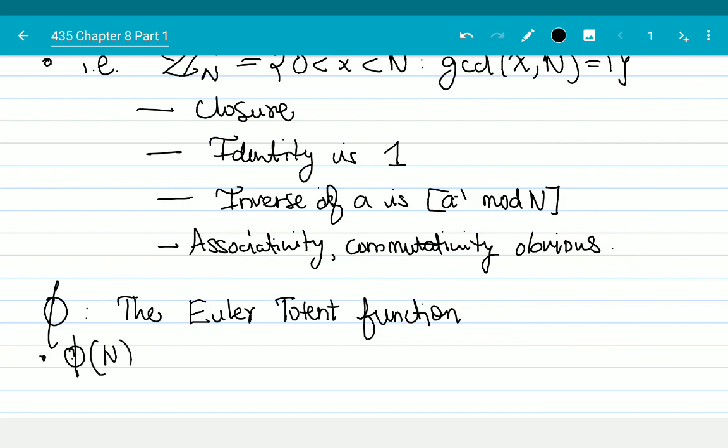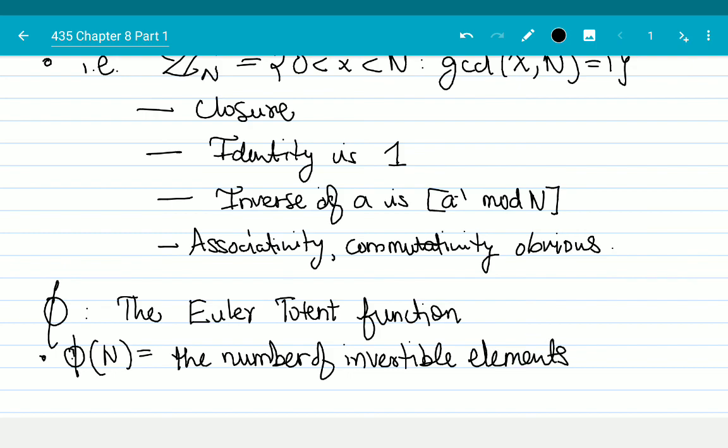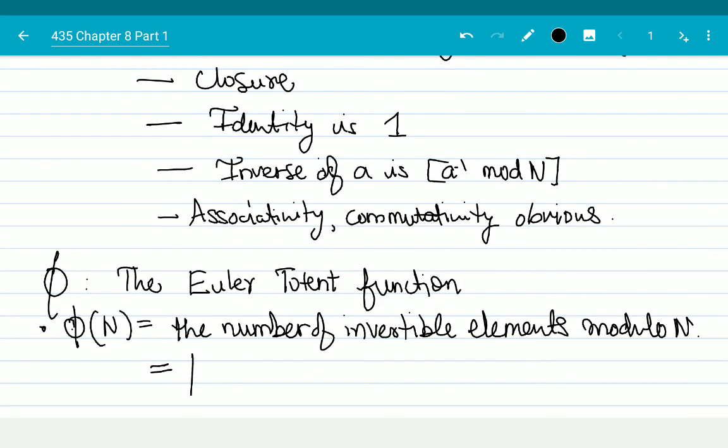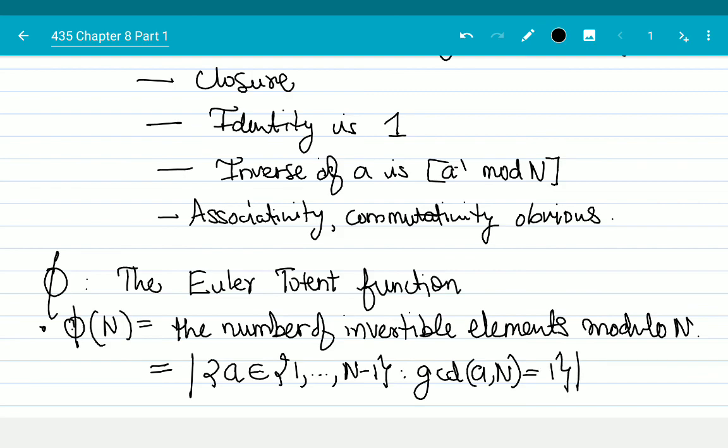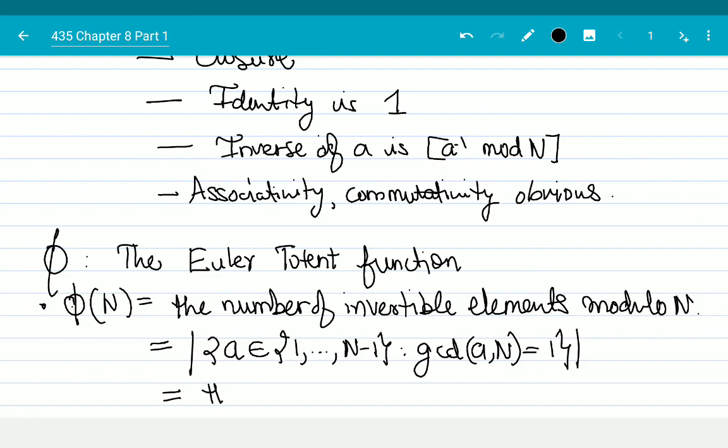Phi of n is equal to the number of invertible elements modulo n, which is the cardinality of the set of a from 1 to n minus 1 such that GCD of a and n is equal to 1, which is basically the order of Zn star.